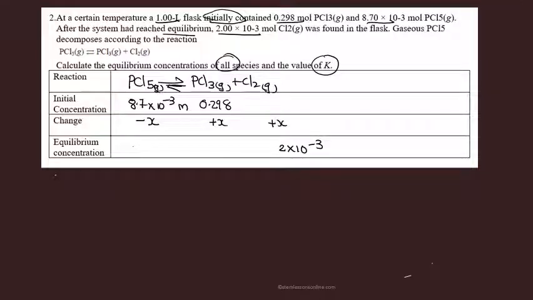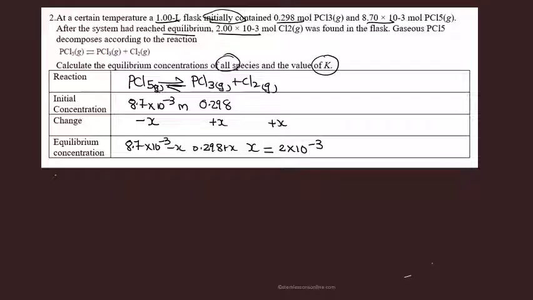And now at equilibrium, we have to add the initial and the change, that is 8.7 times 10 to the power negative 3 minus x, and for the product side it will be 0.298 plus x, and for chlorine it is x, which is already given.